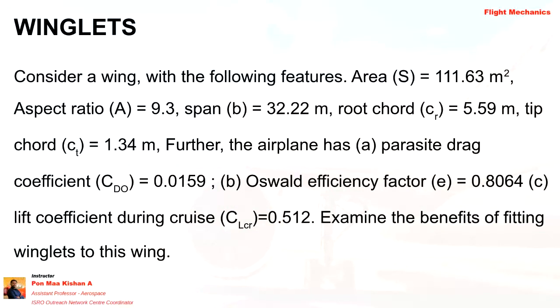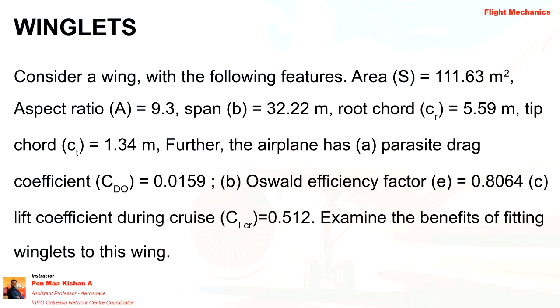So let's note down the problem. Consider a wing with the following features. Area, the notation is given as S. It depends on the book, it will vary. So area S is equal to 111.63 meters square.